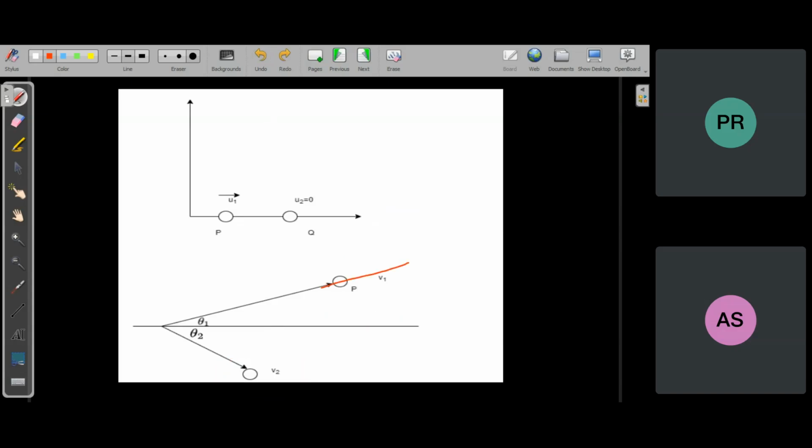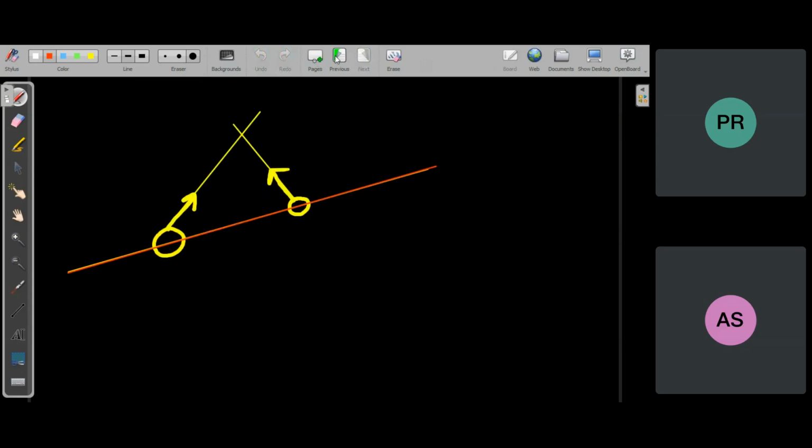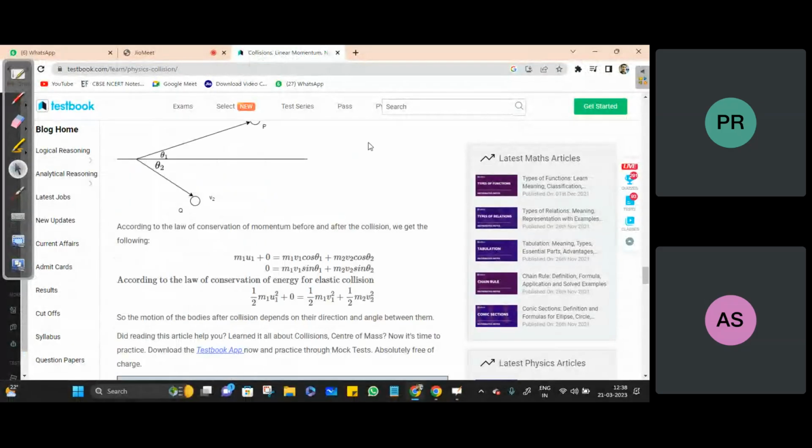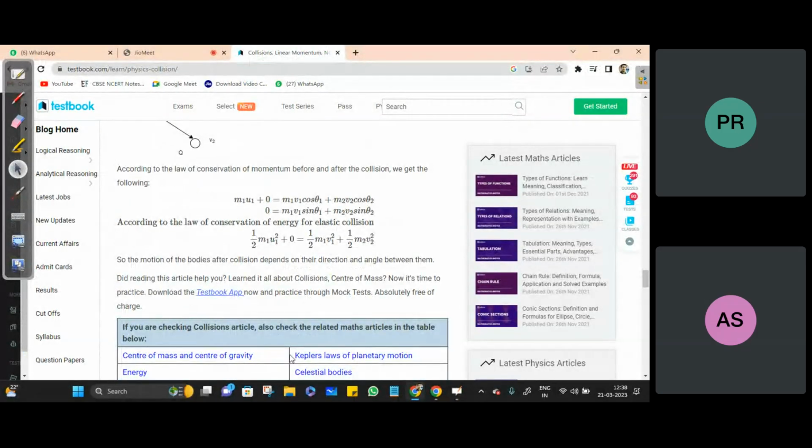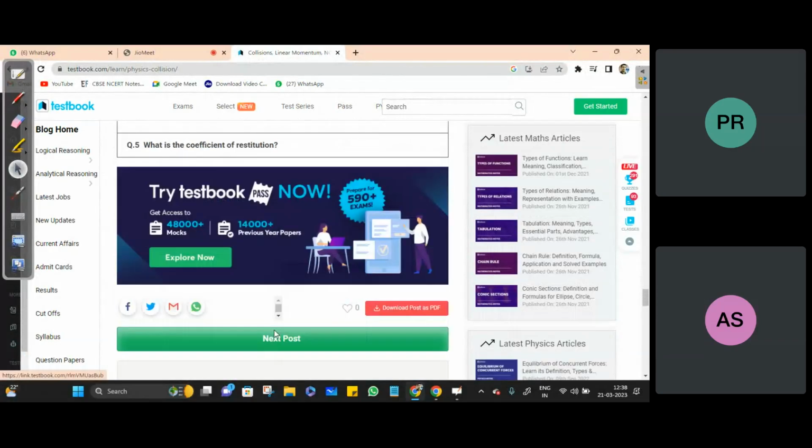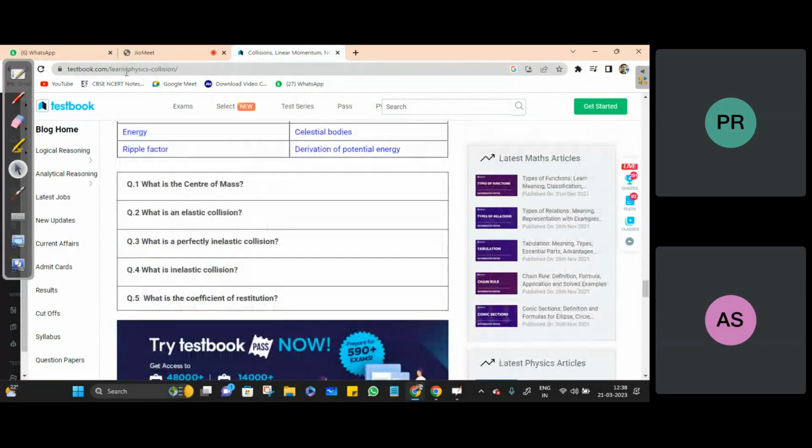Its momentum is in this direction, which can have two components, an x component and a y component. In such a situation you can break it into components and apply conservation of momentum separately along the x-axis and separately along the y-axis.